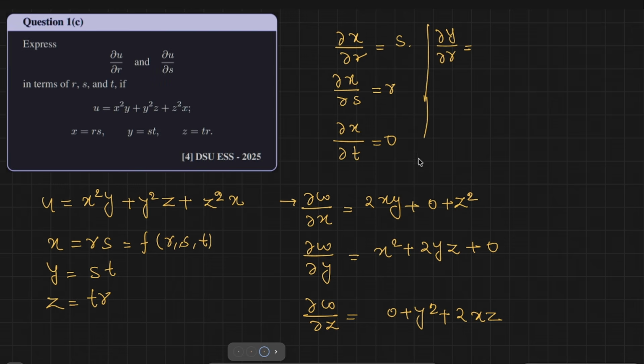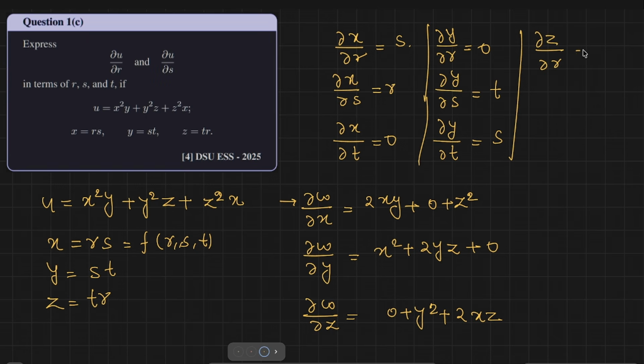From here, the partial derivative of y with respect to r is 0, the partial derivative of y with respect to s is t, and the partial derivative of y with respect to t is going to be s. Similarly, the partial derivative of z with respect to r is t, the partial derivative of z with respect to s is equal to 0, there is no s term, and the partial derivative with respect to t is going to be r.